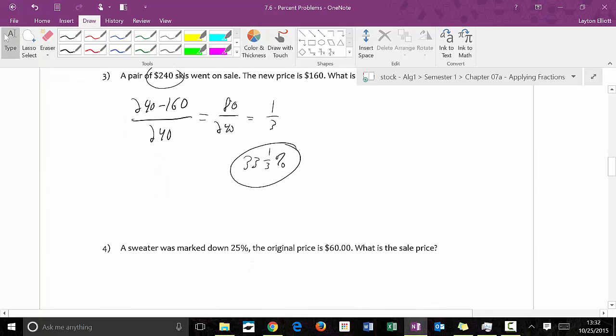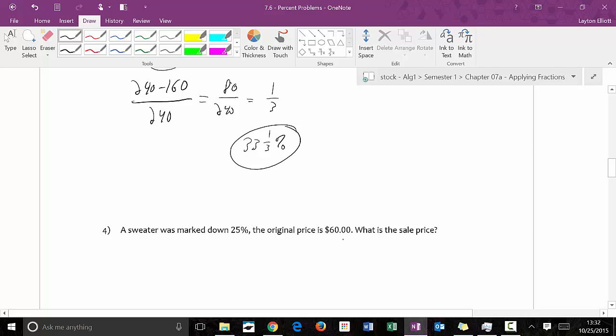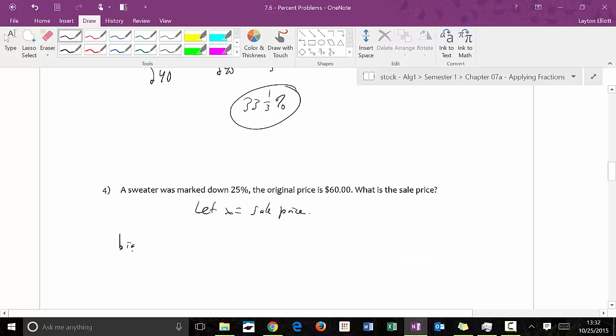A sweater was marked down 25%. The original price is $60. What is the sale price? So I'm going to let x equal the sale price. We want to do big minus small over original equals 25%, or 0.25.